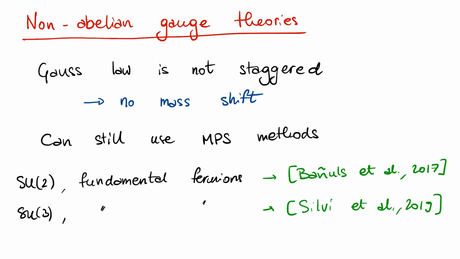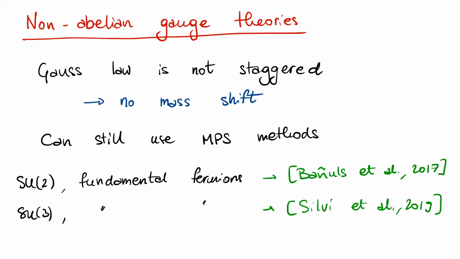And let me conclude with a sad note. If you're interested in non-abelian gauge theories, maybe you got excited and you said, oh, I want to use this mass shift. But it's not clear if there's something like this. The reason is that the Gauss law, when people consider non-abelian gauge theories in 1+1D, is not staggered. So you remember I had written back here that the charge would have a (-1)^n term, and the Gauss law would depend on this.